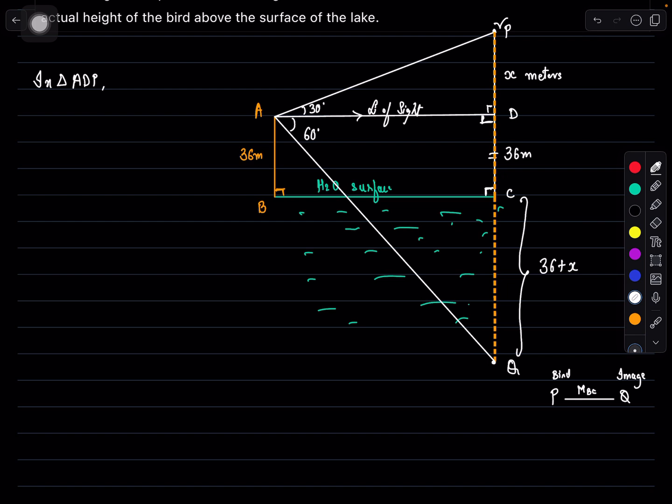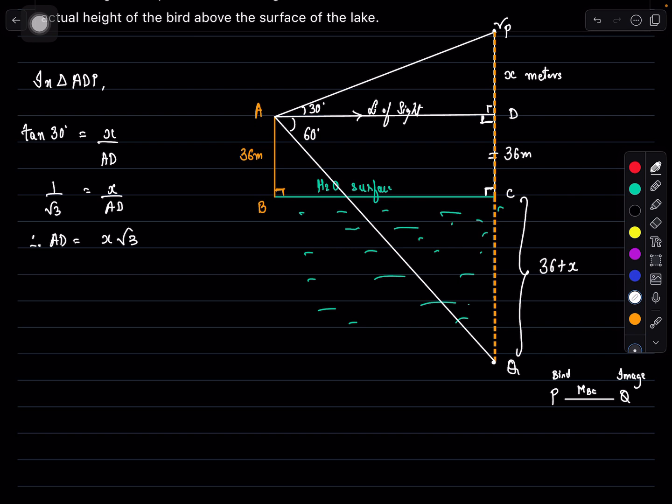Since the angle is 30 degrees, tan of 30 degrees is opposite, which is x, over adjacent, which is AD. We know 30 degrees is a standard angle and tan 30 is 1 over root 3. So 1 over root 3 is x over AD. Therefore, AD is x root 3.